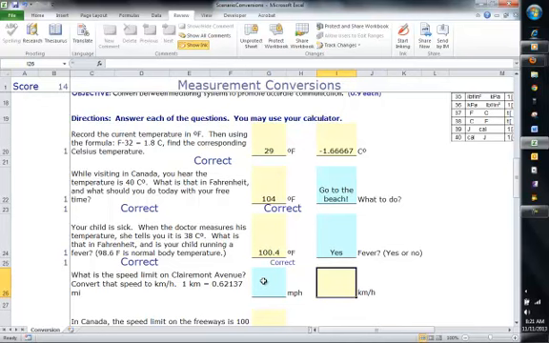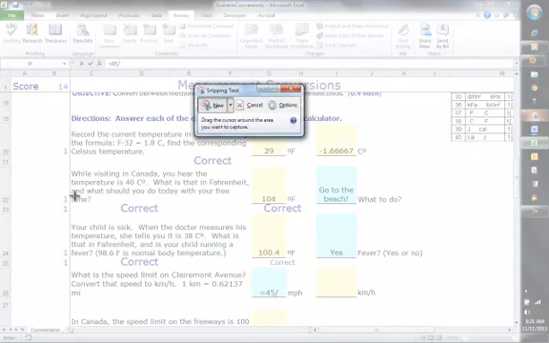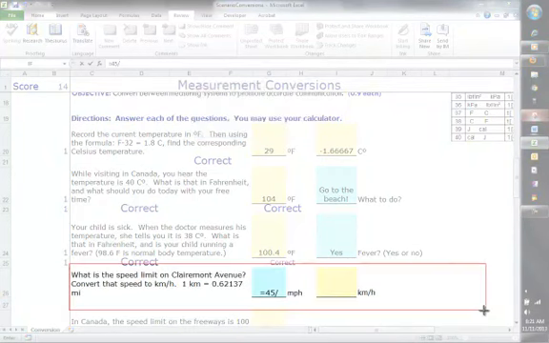What is the speed limit on Claremont Avenue? Convert that speed to kilometers per hour. 1 kilometer is 0.62137 miles. So it's 45 miles per hour divided by 0.62137.